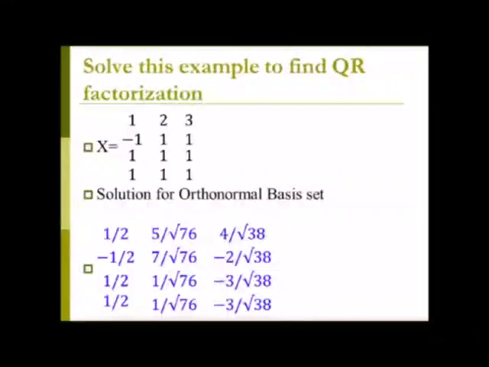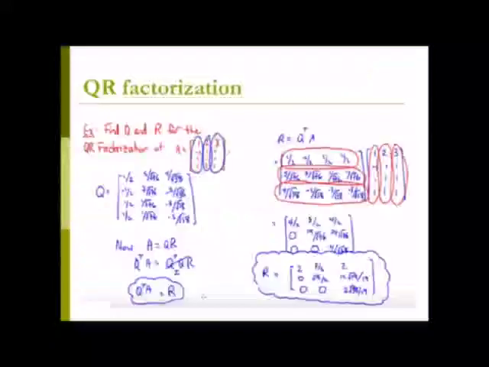Now to find the QR factorization of this matrix, we will take A as a matrix with columns a1, a2 and a3. Q is the orthonormal basis q1, q2 and q3.